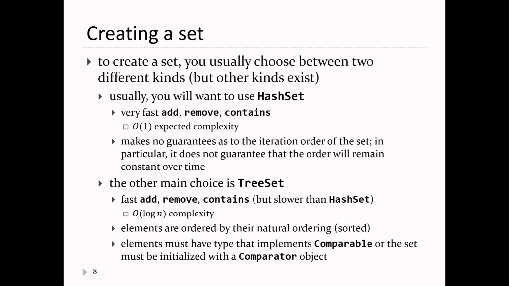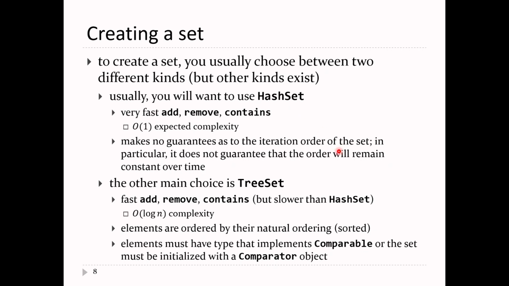Constant time. It doesn't matter how big the set is. Asking, does it contain a value, on average happens in constant time. So the size of the set is irrelevant for the purposes of how fast these methods are.